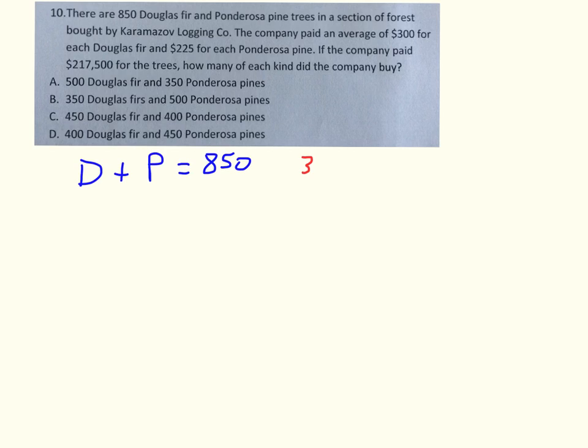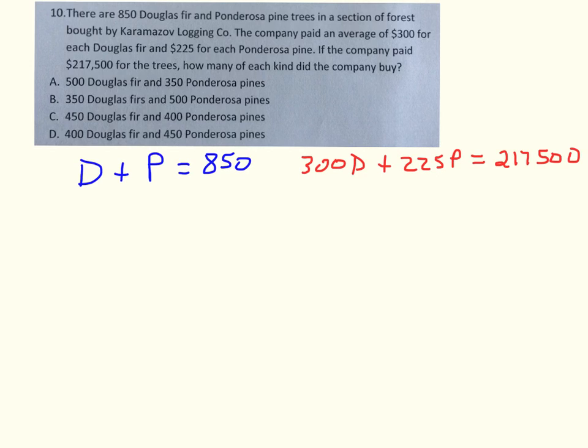So we're going to do 300 for each Douglas fir plus 225 for each ponderosa pine. And if I were to pay those amounts, that would add up to $217,500.